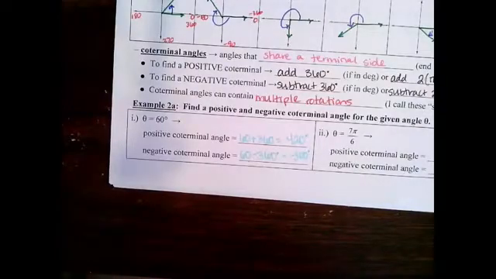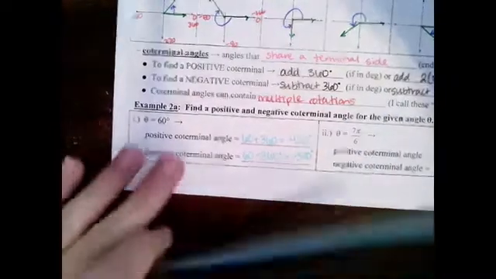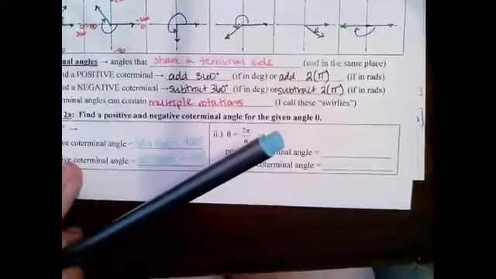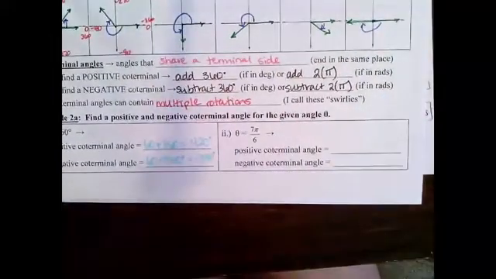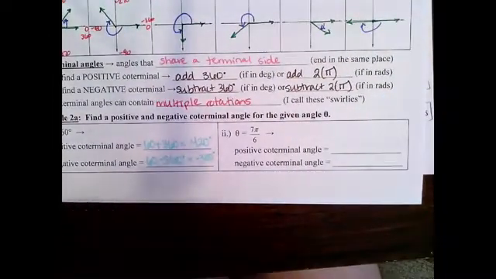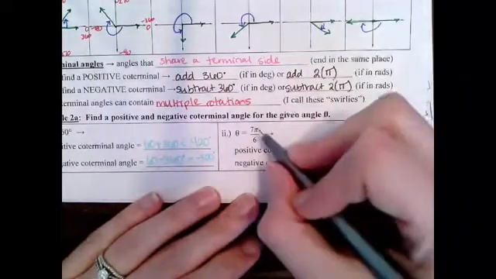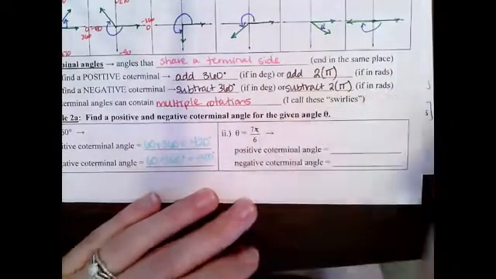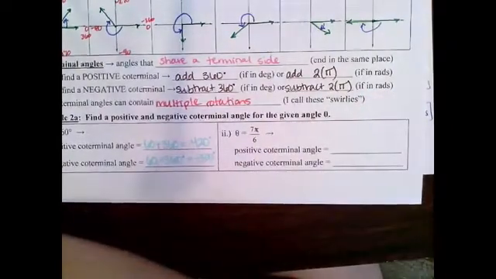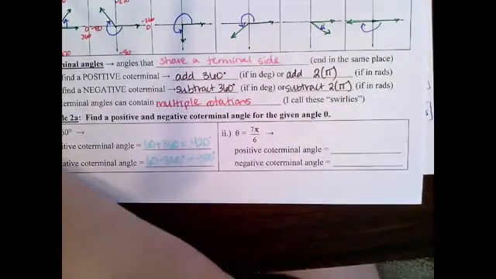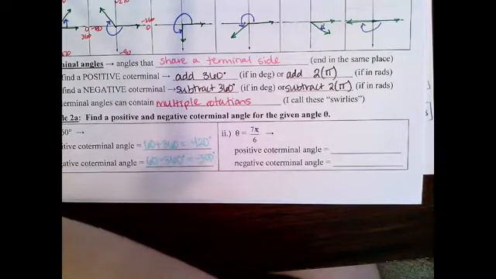Okay? Now, I'll show you how to do it with radians, but like I said before, you could switch this to degrees. I think that would be so much easier. So remember, if I wanted to switch this to degrees, I would get rid of the pi essentially and multiply the fraction that's left by 180.